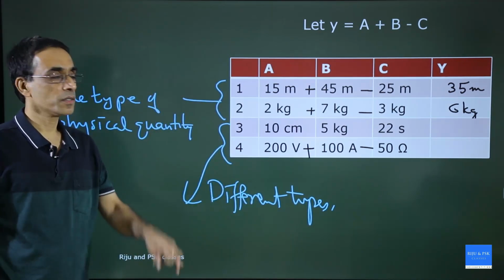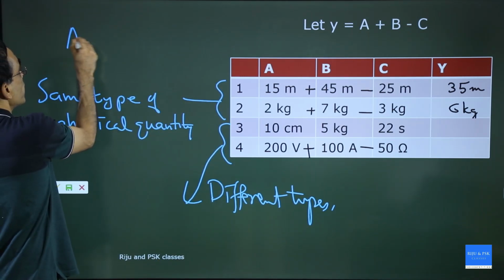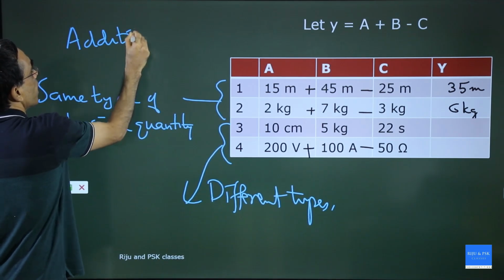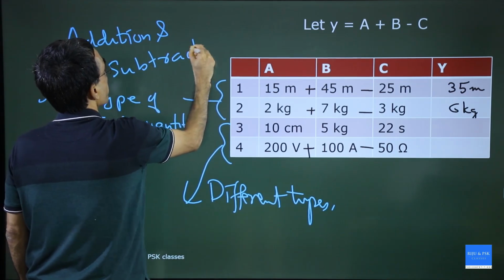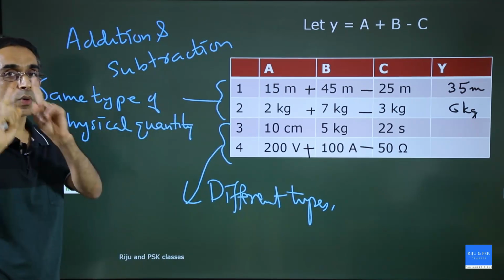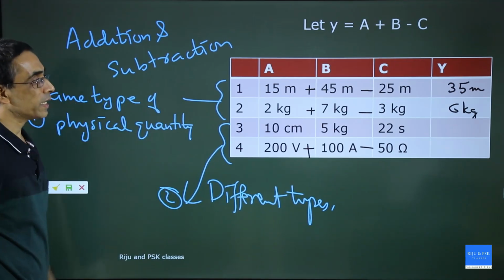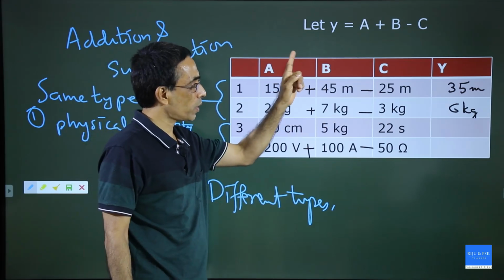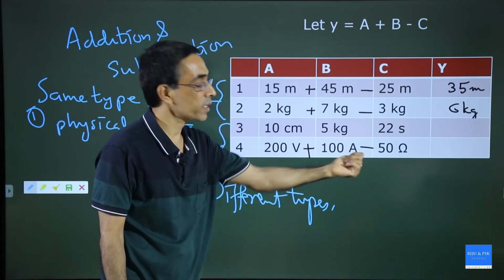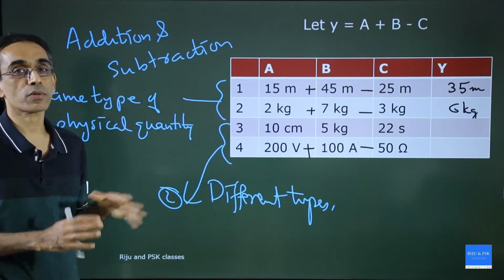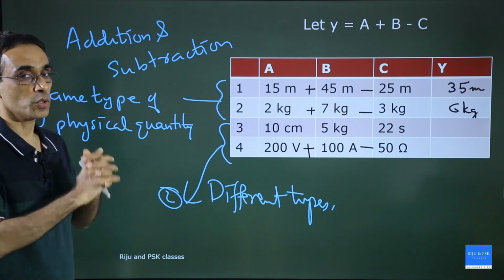So you can add and subtract, addition and subtraction is possible only in this case, not in this case. Addition and subtraction is possible only with similar physical quantities, not with different types of physical quantities. That is the message you are getting from this exercise.